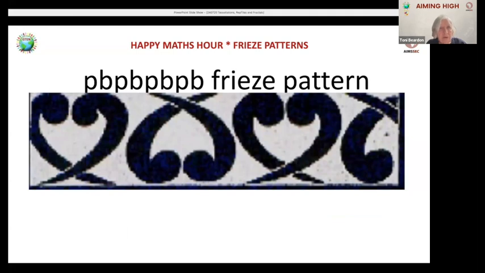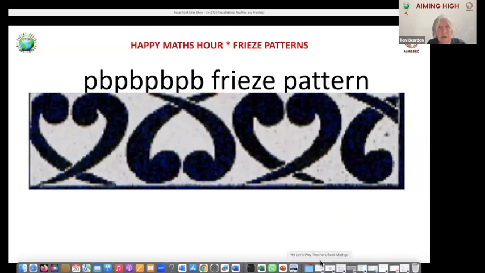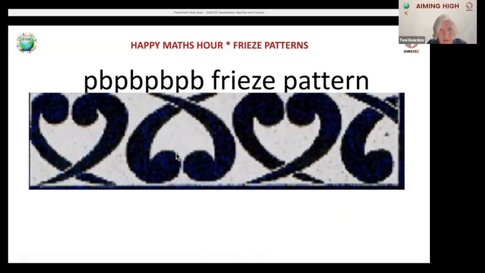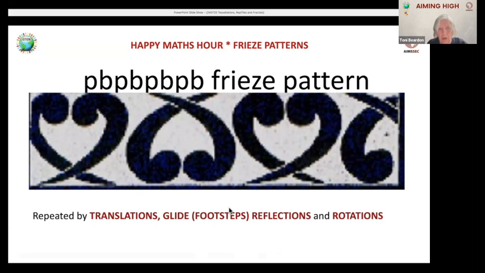Now, what about this one? Here the motif is PB. What do you see here? You might think there was a reflection in a vertical line between the commas here, but since this tail is on top and the other one is behind, there is no vertical mirror line here. But what do we see here?